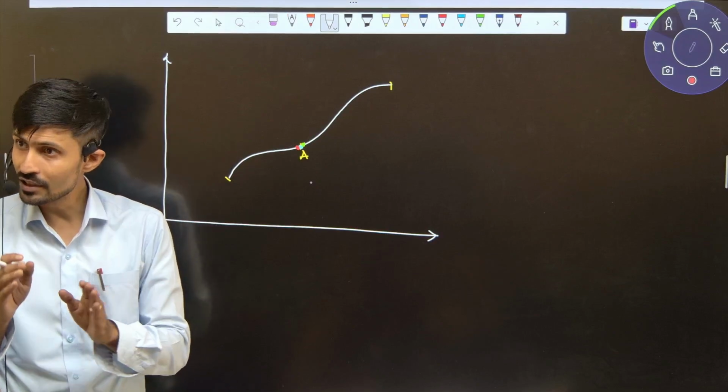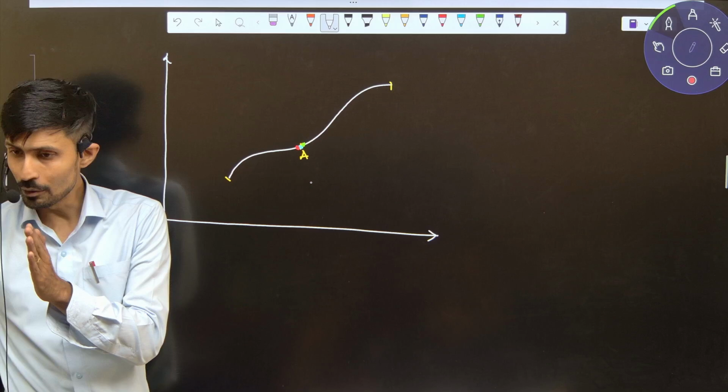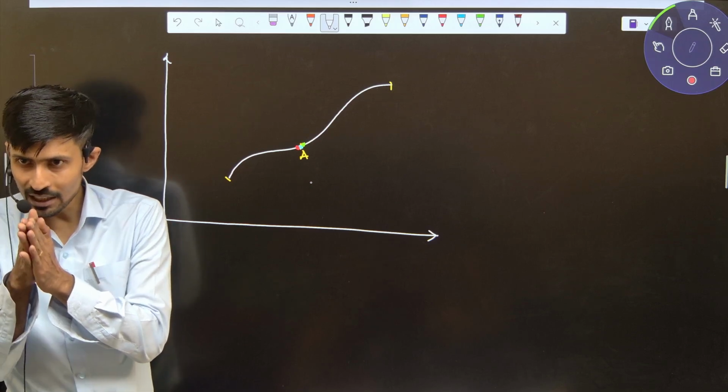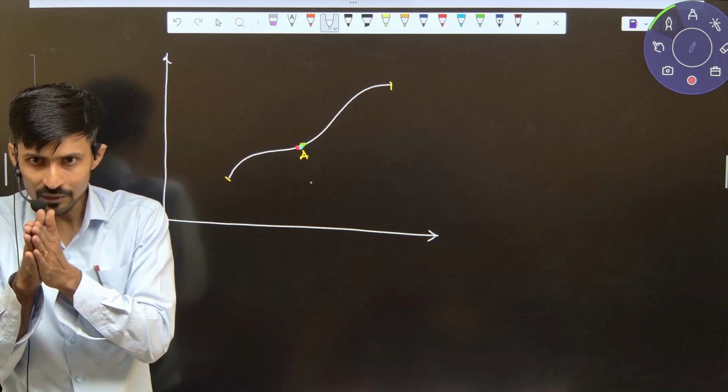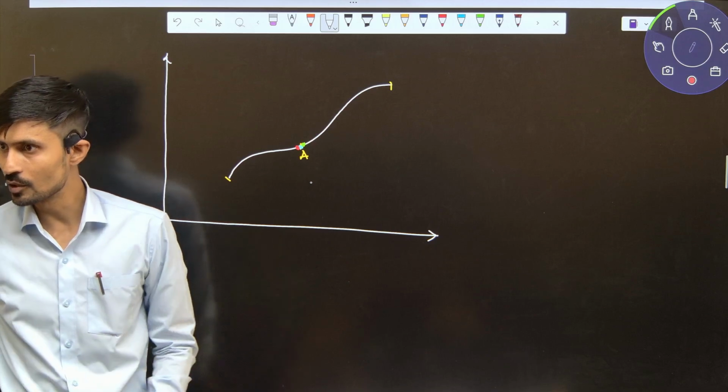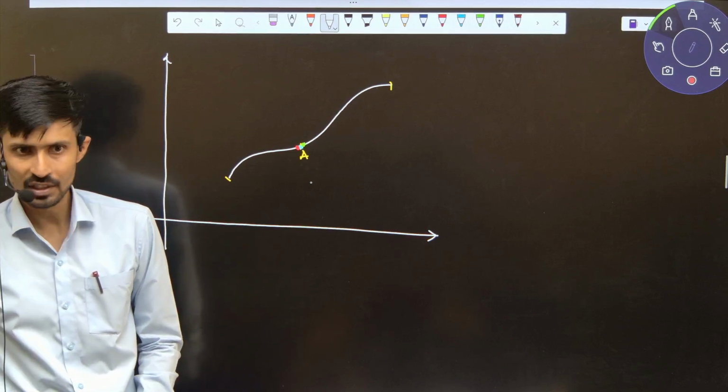What does it mean if it is continuous? It means the previous point is connected with that point and the forward point is connected with that point. Then only we can say it is continuous. Yes or no?